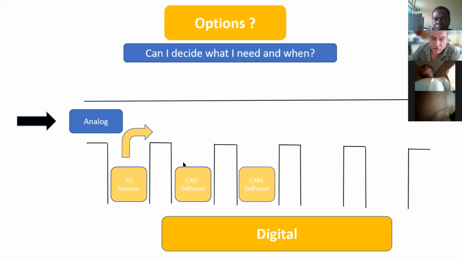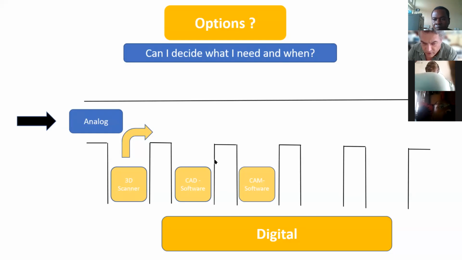The next would be CAD software. CAD software means designing software, for example Exocad or 3Shape Dental Designer, or from Zirkonzahn. They have their own system. There's also Dental Wings, I think, still on the market, and now we have a quite good option at a very low price, the Blender for Dental.